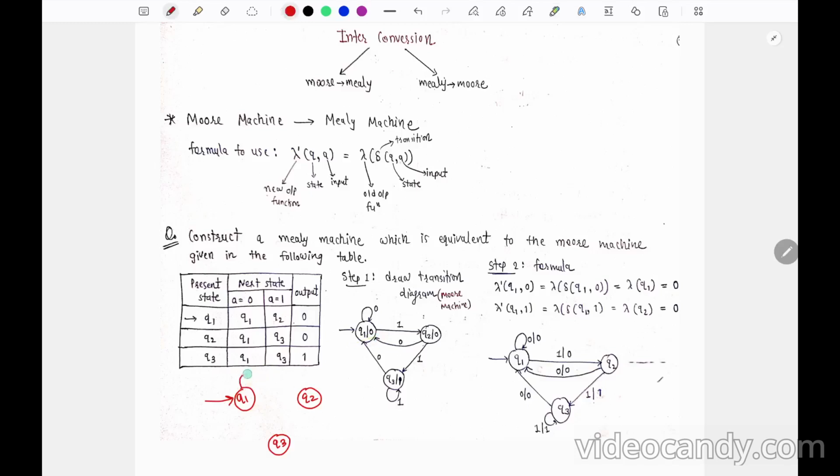So we can write it like this: with input 0 it stays in state Q1 and gives output 0. Now if we give Q1 input 1, it goes to the Q2 state. So Q1 goes to Q2 when we give input 1. And what is the output of the state it is going to? 0. So we write 0 here.